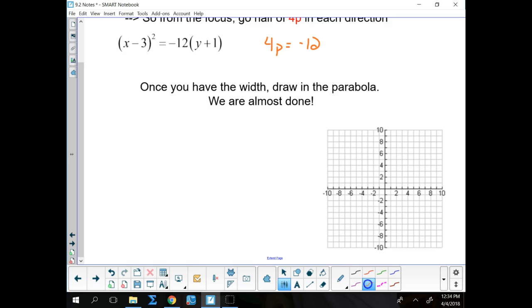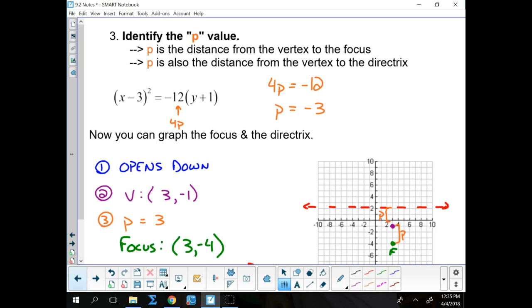We had also said that our vertex was at 3, negative 1. Then we said that our focus was 3 away from that, and our directrix was 3 the other way from that. Yes? Okay.